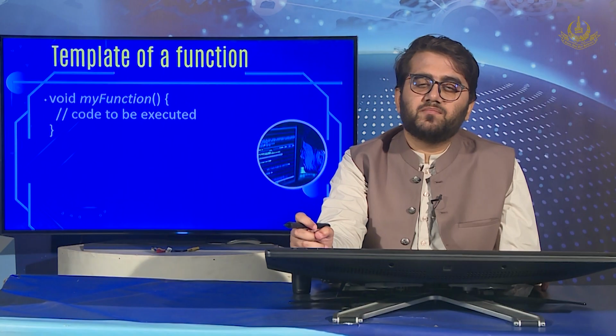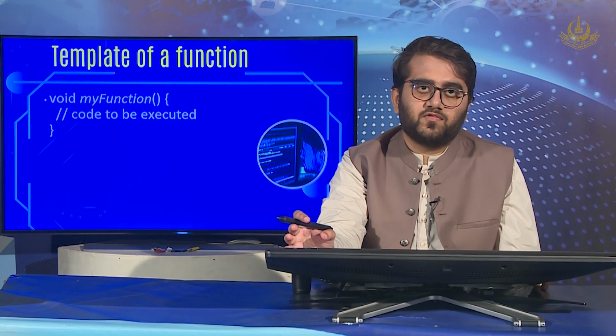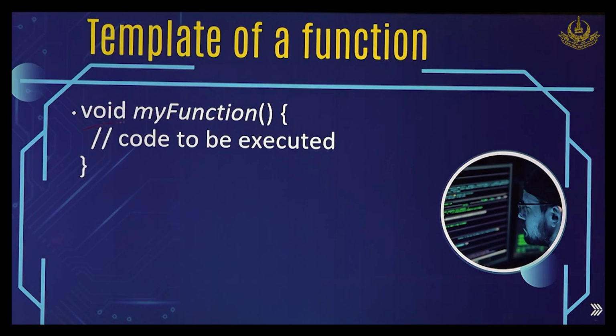The basic template, the simplest form of a function in the C++ language, would be like this. You would have the void word, and then you would have a function name. Then you would have round brackets, or parentheses, where we would pass the parameters.